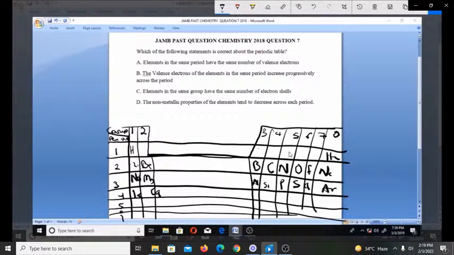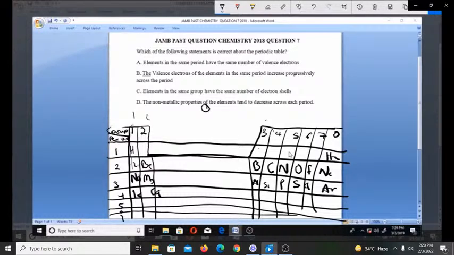So I want you to notice something. These are the groups, group 1, group 2, 3, 4 down. So all the elements in the same group have the same number of valence electrons. So what are the characteristics of the periodic table?